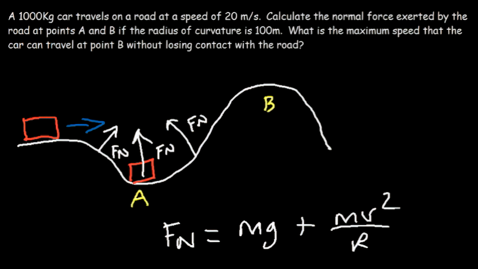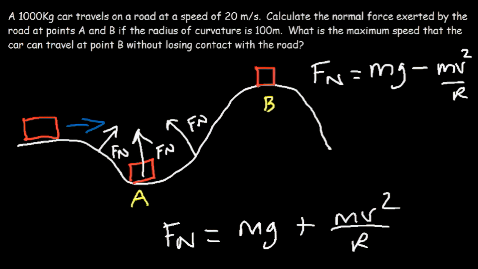At point B, the normal force doesn't have to apply a force to cause the car to go this way. As it moves, it's simply going to fall in that direction if it's not moving too fast. So in this case, the normal force is the difference between the weight force and the centripetal force.